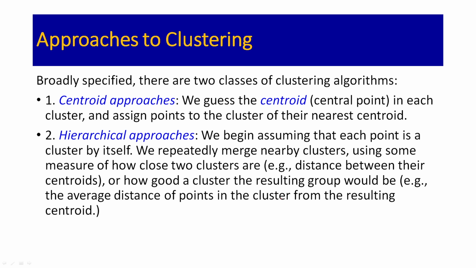That is the main difference between the centroid and the hierarchical approach. Once you do that, you repeatedly merge nearby clusters, using some kind of measure of how close these clusters are, like distance, or how good a cluster the resulting group would be. Many other things are there, but the starting point of hierarchical clustering is that we assume every point is a cluster, and then we merge the nearby points to that cluster.